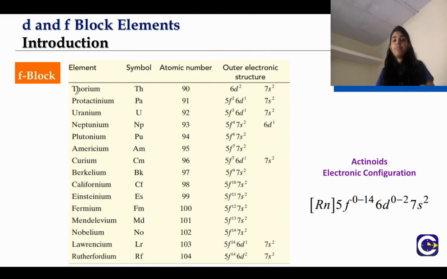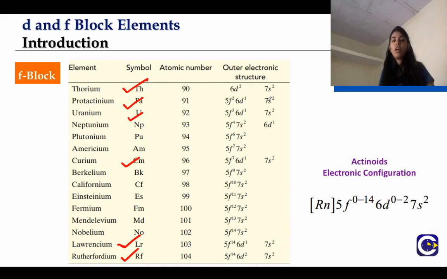Again, for actinoids, you have to remember that the 6d subshell is filled for thorium, Pa, uranium, curium, and from lawrencium and rutherfordium. So these have 6d subshells filled and the others do not.